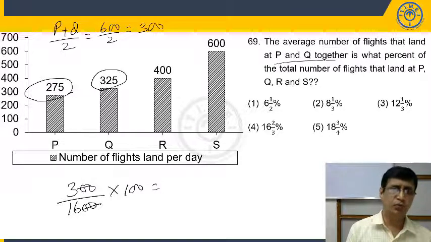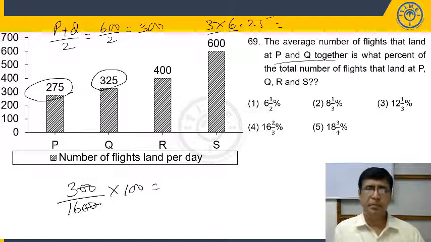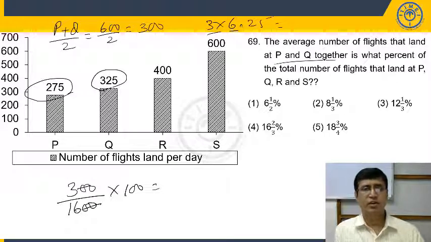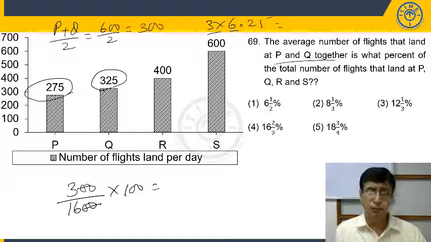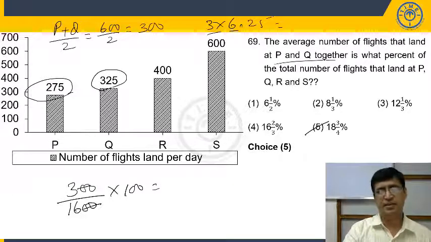So 6.25 into 3. 6 into 3 is 18, 18 plus 0.75, so 18.75. So 18 3 by 4 is the answer. 18 3 by 4 means the right choice is option number 5. The fifth choice is the right answer.